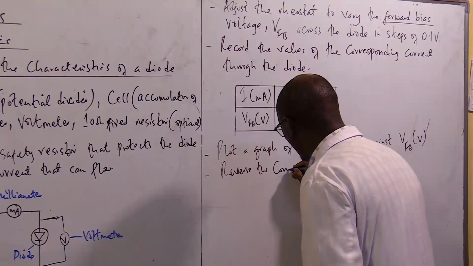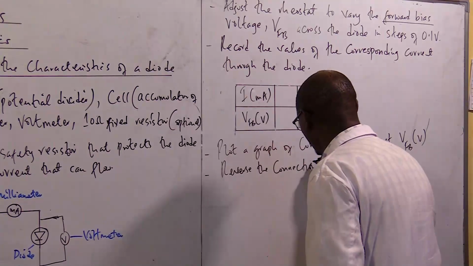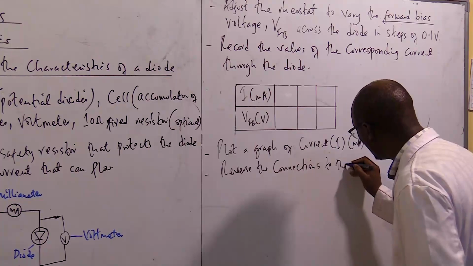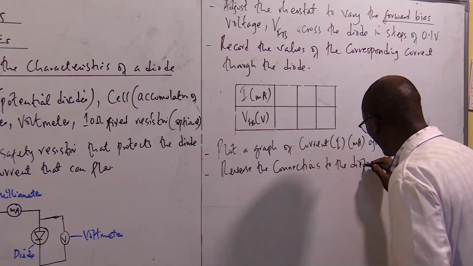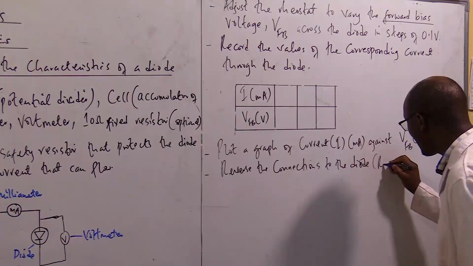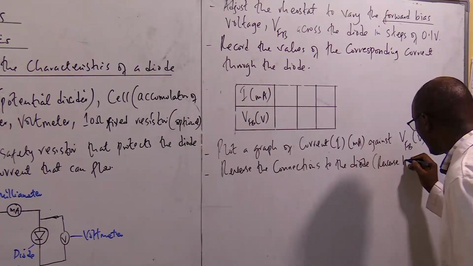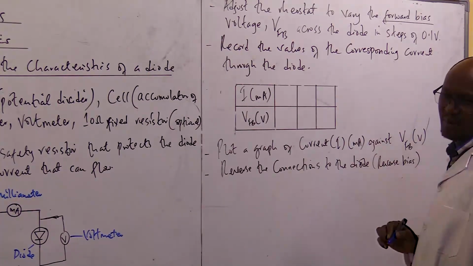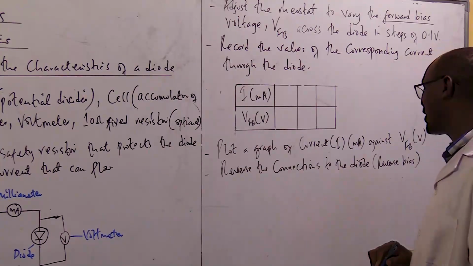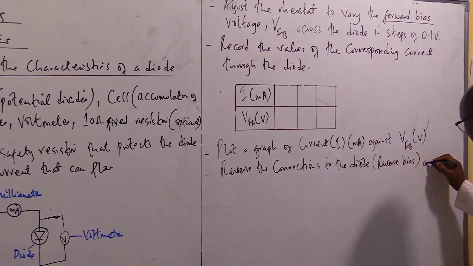Reverse the connections to the diode. So this is what we mean by reverse bias, and repeat the current and voltage measurements.